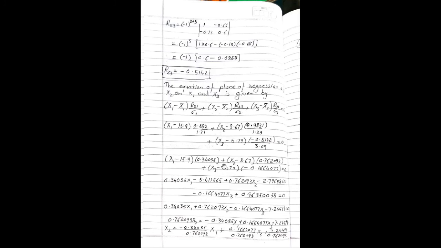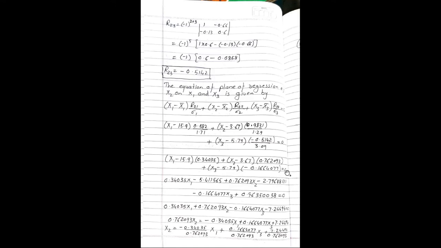X1 minus 15.9 into, performing this division, 0.34035 plus x2 minus 3.67 into 0.9831 divided by 1.29 plus x3 minus 5.79 into minus 0.5142 upon 3.09 is equal to 0. So the answer is x1 minus 15.9 into 0.34035 plus x2 minus 3.67 into 0.762093 plus x3 minus 5.79 into minus 0.1664077 is equal to 0.